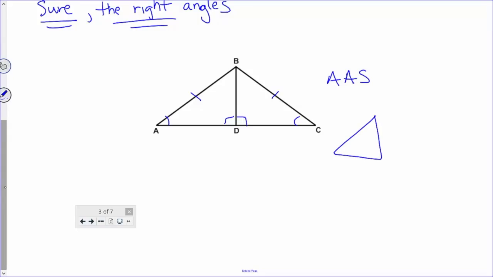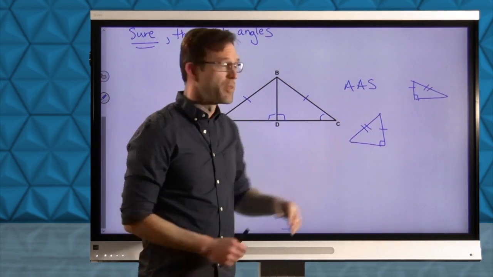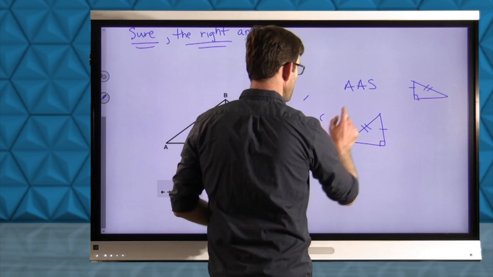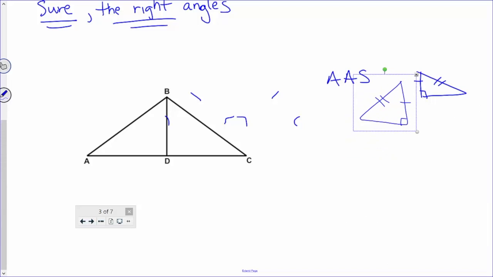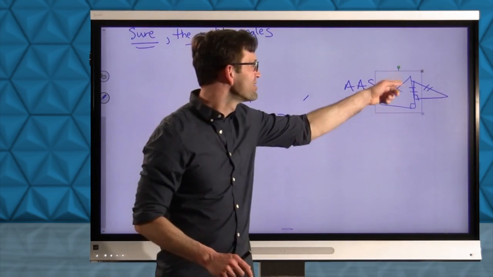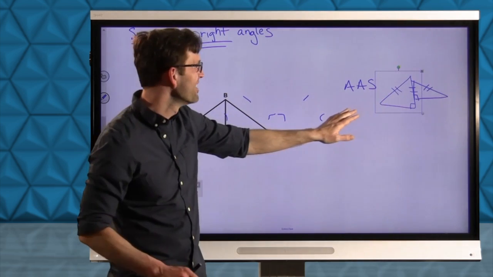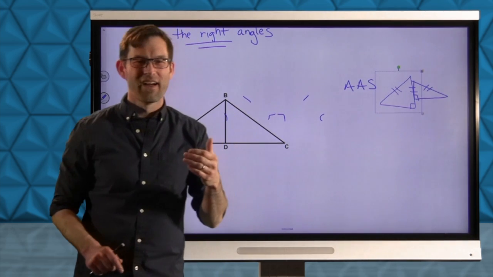If I have this right triangle and this right triangle, and I know that these two legs are congruent, and let's say I know the hypotenuses are congruent, then I could take this triangle, which isn't even remotely the same size as that triangle, and match the two together on that common shared side. Worst diagram ever. And then I could actually prove that the two triangles are congruent using angle, angle, side.